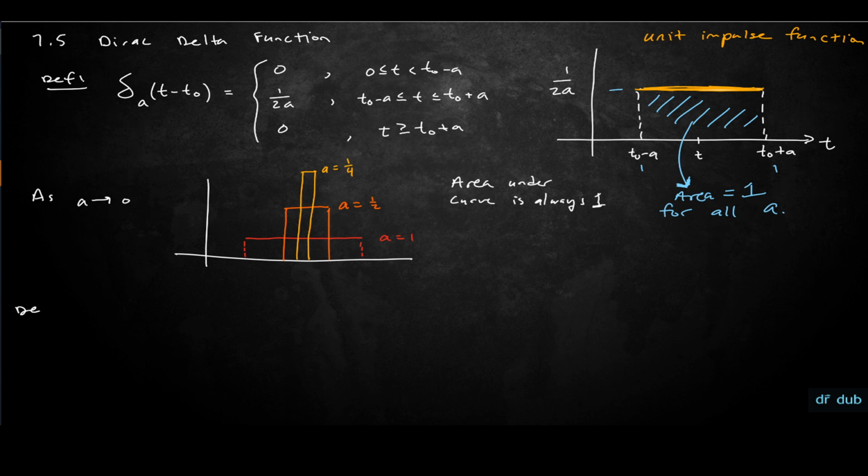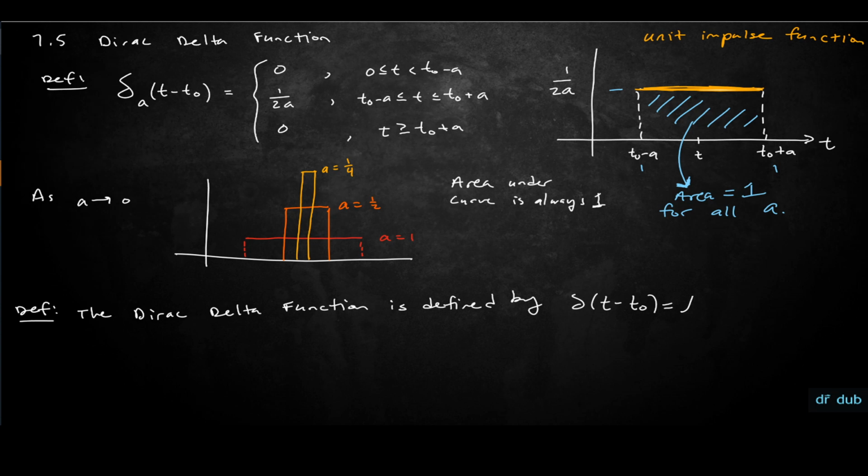Definition: the Dirac delta function is defined by delta of t minus t0 equals the limit as a goes to 0 of delta sub a of t minus t0.